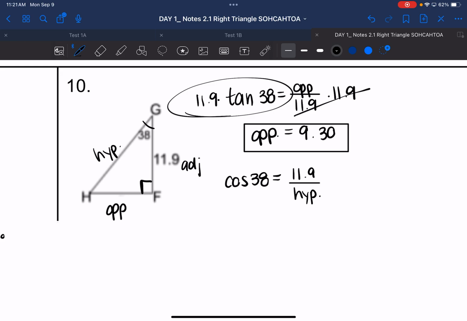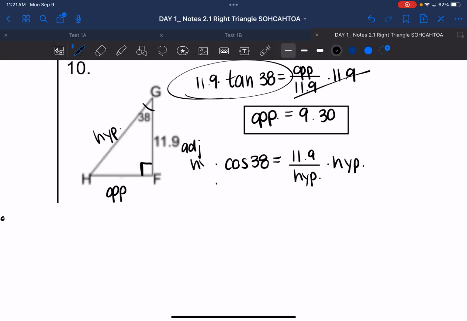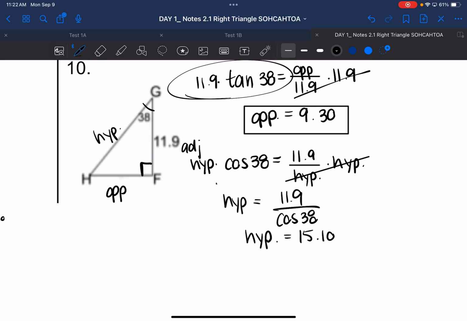All right, so for this one, what do I have to do first? Multiply by the hypotenuse. All right, and then I'm going to have to divide by cosine. Very good. So what's going to be the length of our hypotenuse? Good job.